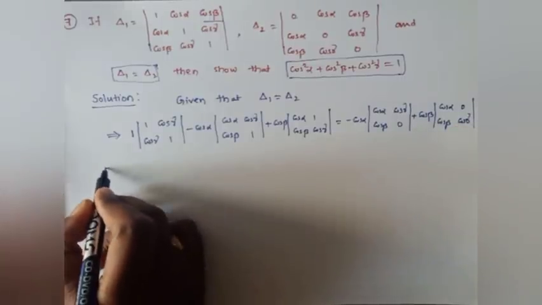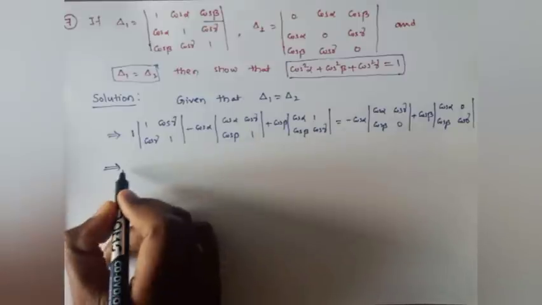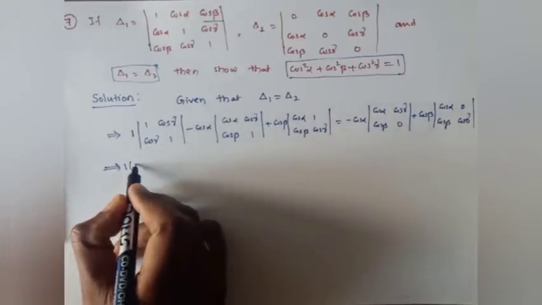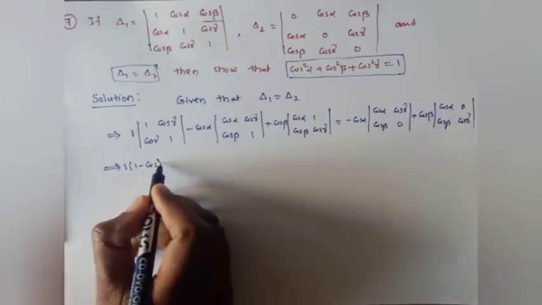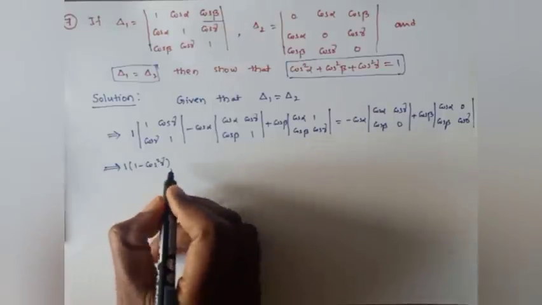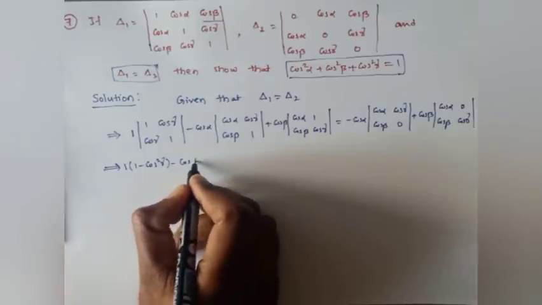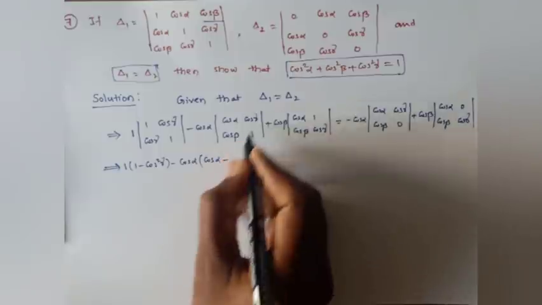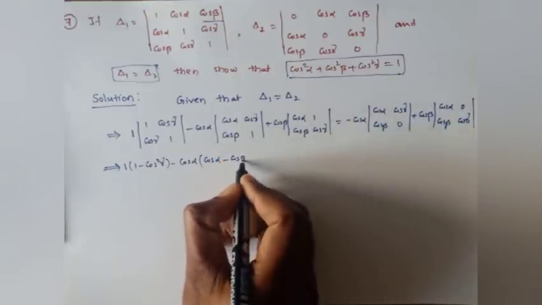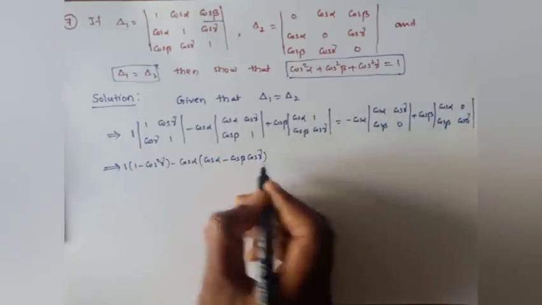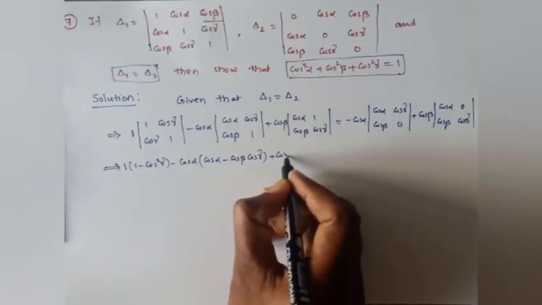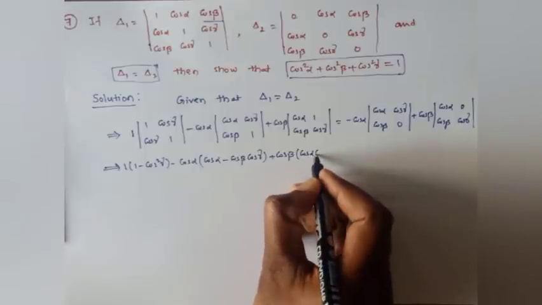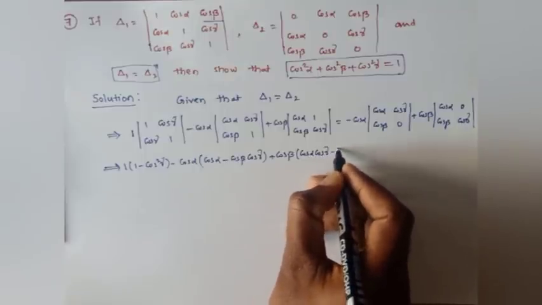Now simplify this. So 1 times of 1 into 1, 1 square, 1 minus cos square gamma, minus cos alpha into, this is cos alpha minus cos beta cos gamma, plus cos beta into cos alpha cos gamma minus cos beta.